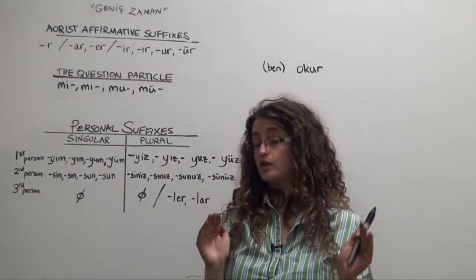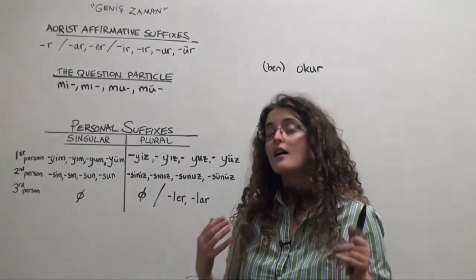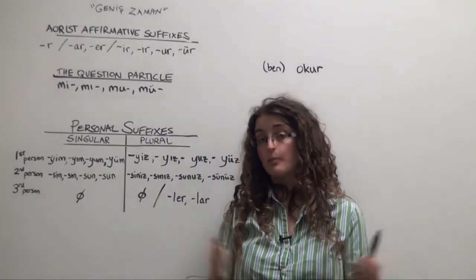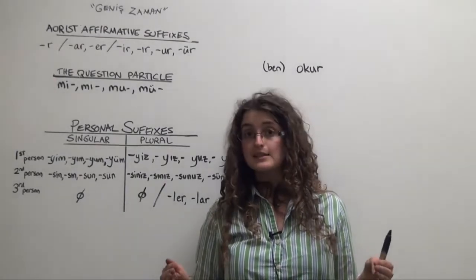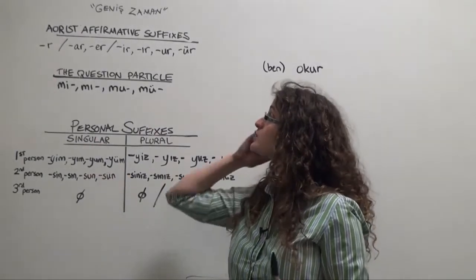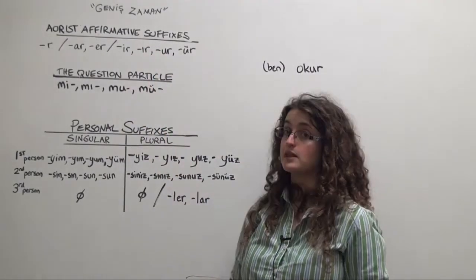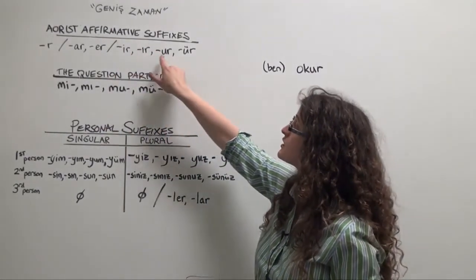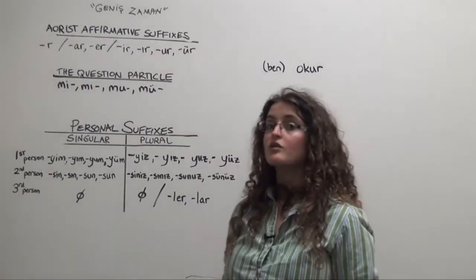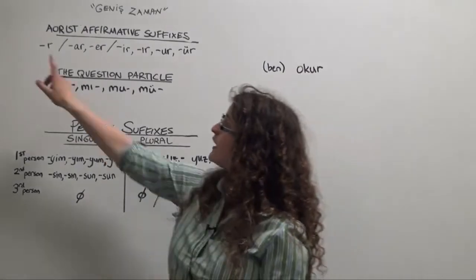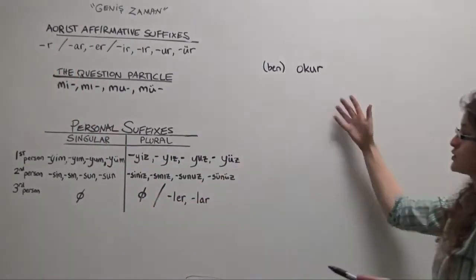So in other words, they'll follow the rules of two-way vowel harmony. Verbs whose stems have more than one syllable, which are polysyllabic, but end in a consonant, will follow the rules of four-way vowel harmony. So as their aorist affirmative suffix, they'll choose ir, ır, ur, or ür. For our example, though, we're looking at okumak, which ends in a vowel, so simply okur.